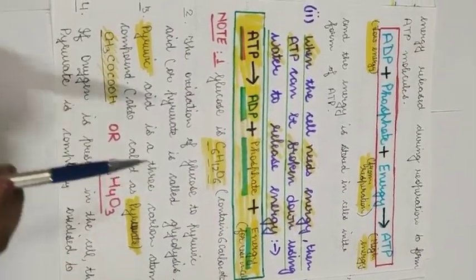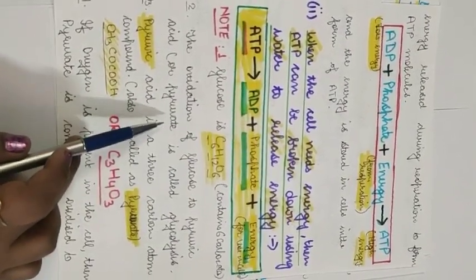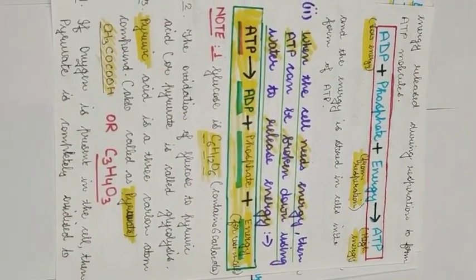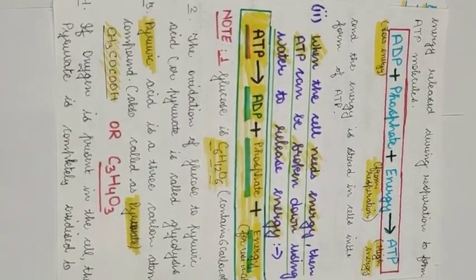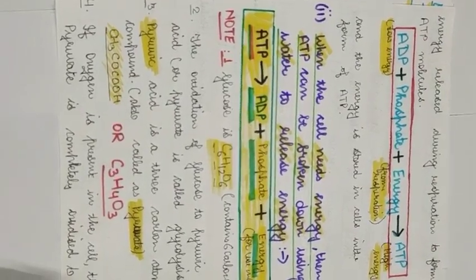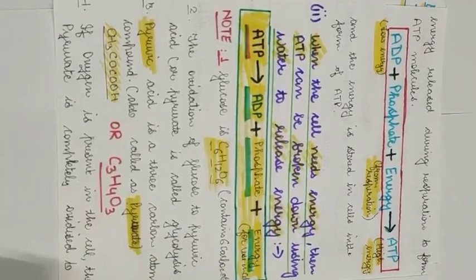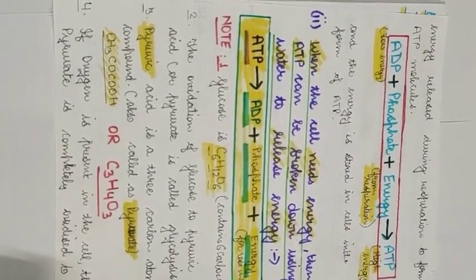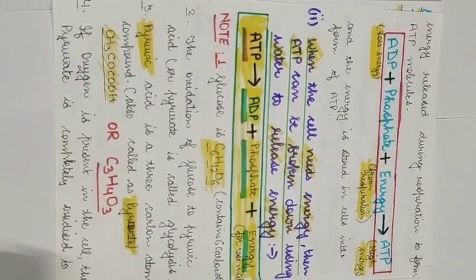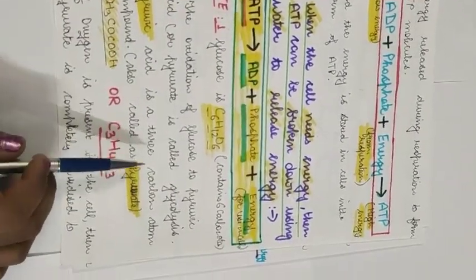So in the cytoplasm, this glucose is converted into pyruvic acid or pyruvate, and then that pyruvate, if it gets oxygen, gets converted into ATP, or if it does not get oxygen, then it can be converted into other ATP, but that will be lesser in number. Along with that, different products will be formed along with CO2, which is a part of anaerobic respiration.